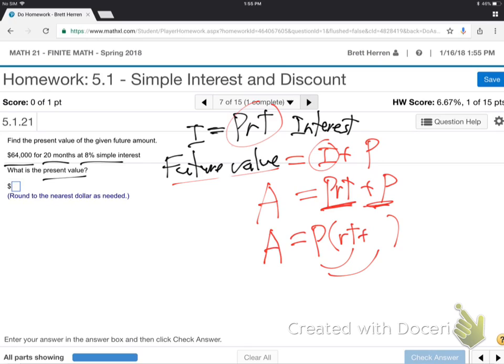P times RT plus, and P times what here? 1. I just factored. In other words, if I was to take this P and distribute it, P times RT, PRT, P times 1, P. It would go back.